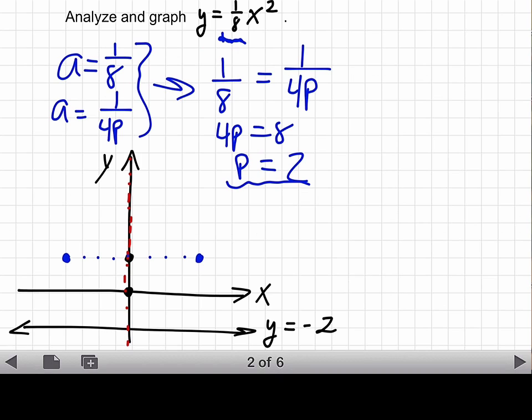And I see that the distance between these 2 points that I've just drawn in blue is 4P. Okay, so that P is kind of running around all over the place defining the parabola. Let me get rid of that label there. And now I'm going to try to draw a parabola that goes through these points here.